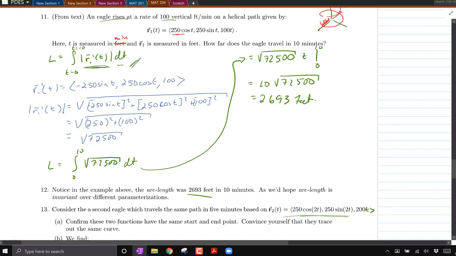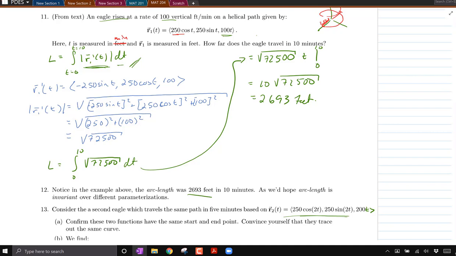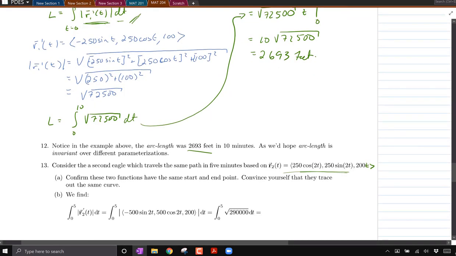And notice, just to convince you that we traverse the same amount of that helix: in the first example, how high did the eagle fly? Not how far did he fly, that's the 2693, the arc length that we computed. But how high did the eagle fly over a period of 10 minutes? 1,000 feet, right? And how high does the eagle fly in this one? Also 1,000 feet.